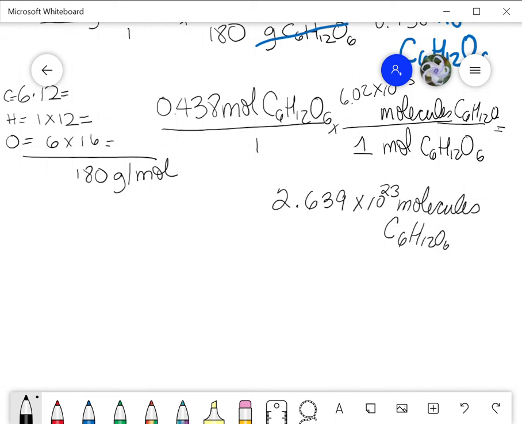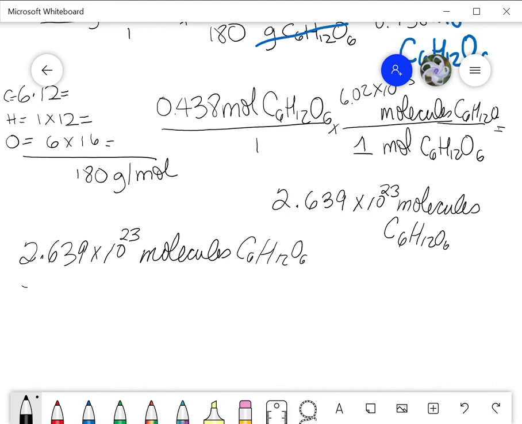So my last calculation says I need to start with 2.639 times 10 to the 23rd molecules of C6H12O6. And I need to go from molecules to atoms of oxygen.